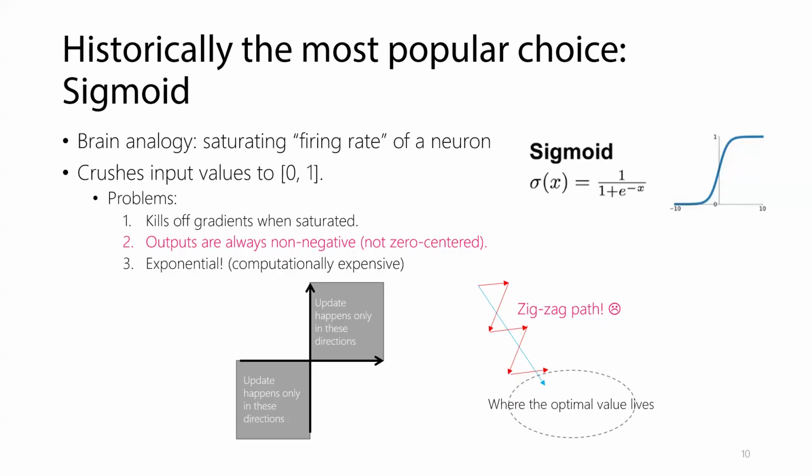So in this hypothetical scenario, let's say your current solution W is over here, and through the gradient descent update, we would like to get to the optimal value, which let's say lives somewhere here. So you've got to go down like this, but because you're not allowed to have a gradient in that direction, your best chance will be some sort of zigzag path. You can still get there, but this is not the most efficient way of searching for the optimal value, right?